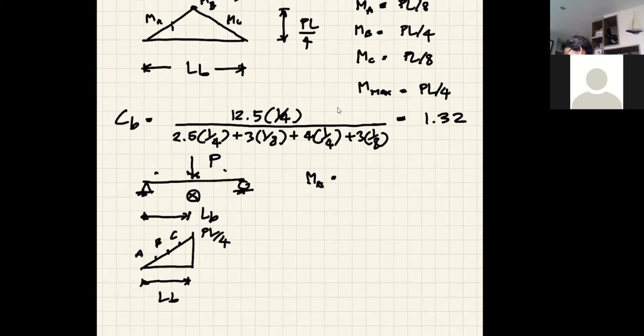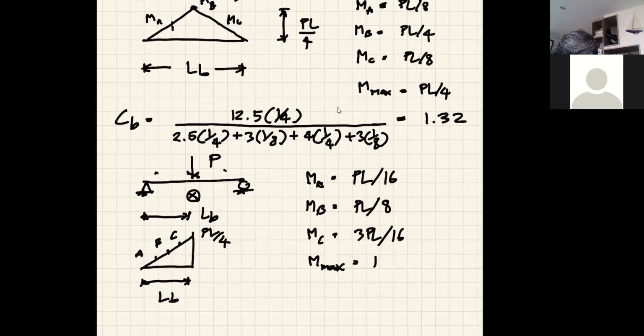So my MA is PL over 16. My MB is PL over 8. My MC is 3PL over 16. And my M max remains PL over 4.